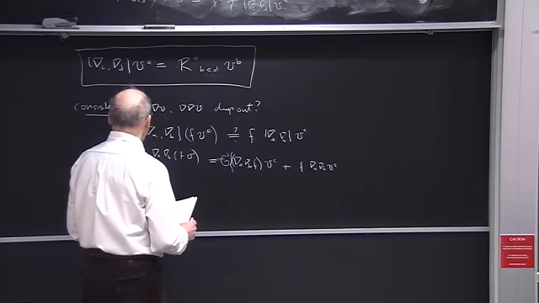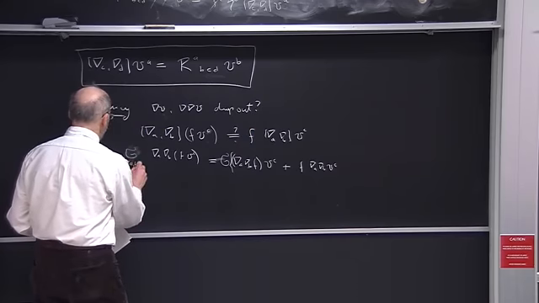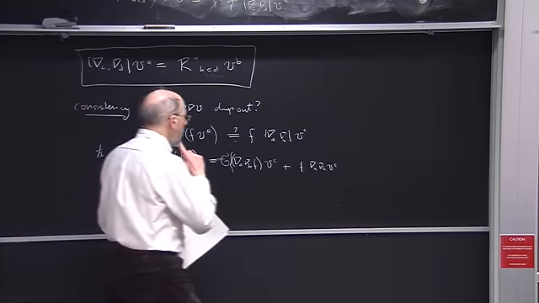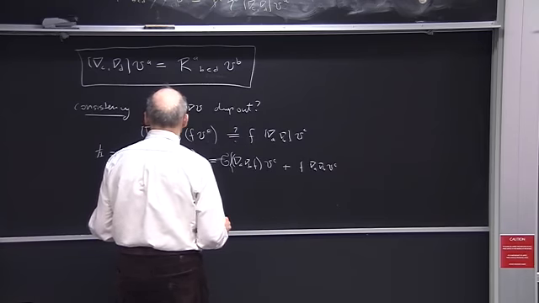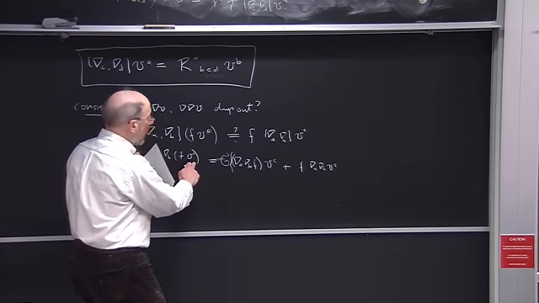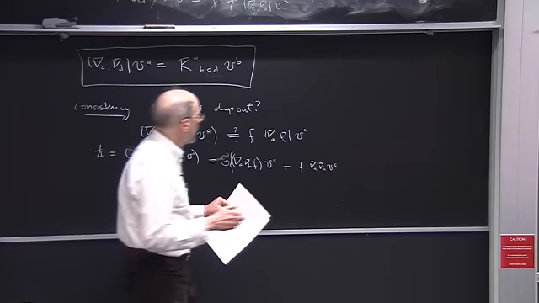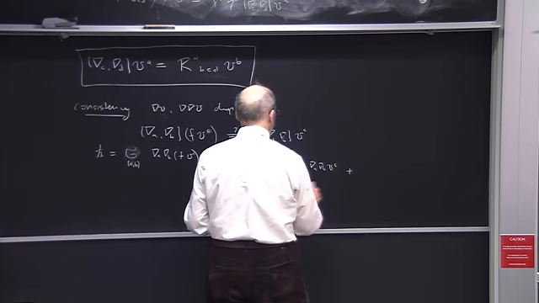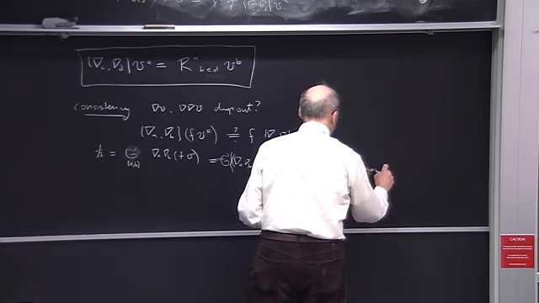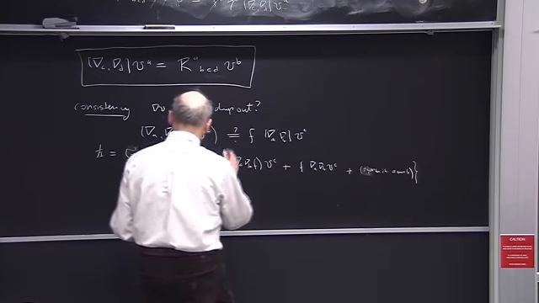But if you look at it, this is now an anti-symmetrization in A and B. In one case, the A derivative will act on f and the B on V, and in the other case, the B derivative will act on f and the A on V. So they only differ by the exchange of the indices A and B. We'll get some term symmetric in A and B, and therefore under the anti-symmetrization, it gives zero.